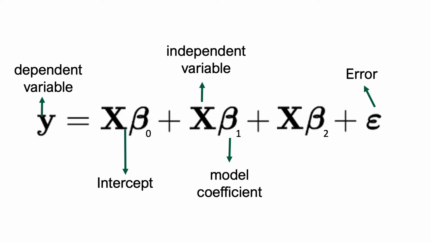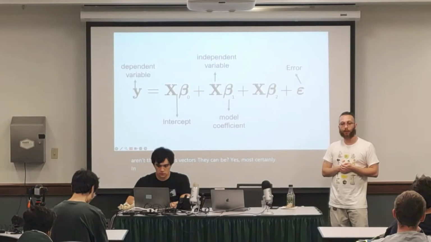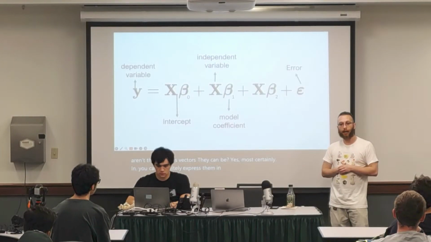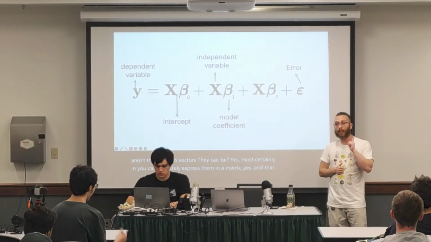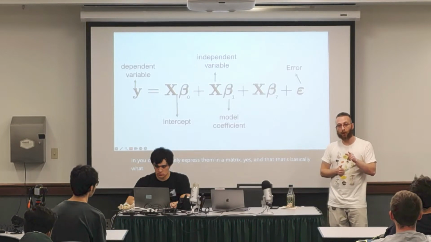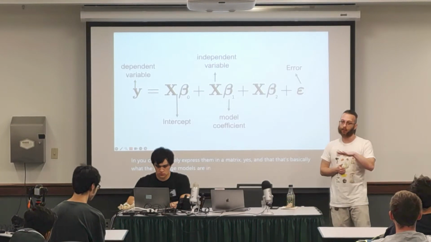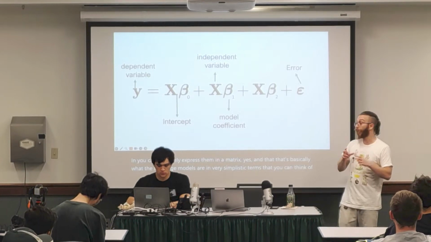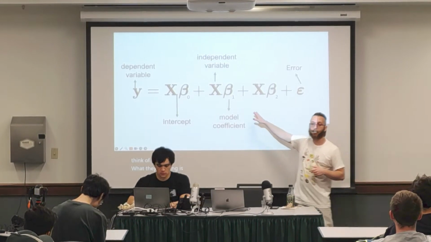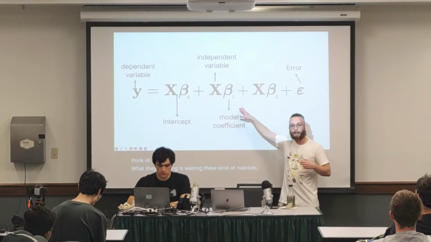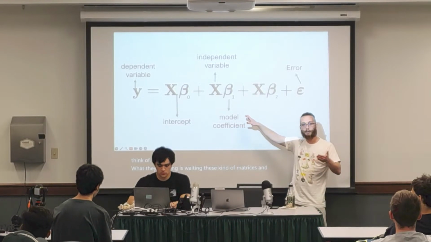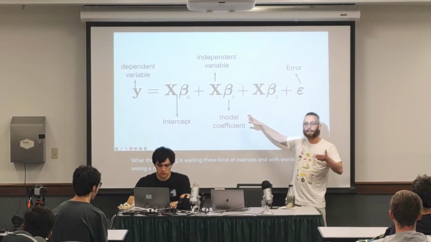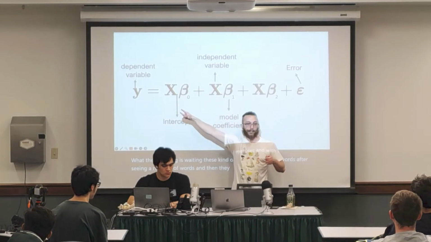Aren't the variables vectors? They can be, yes, most certainly. You can definitely express them in a matrix, and that's basically what the language models are, in very simplistic terms. You can think of what they're doing as weighting these matrices with words, after seeing a number of words, and then they are just trying to pick the next word.